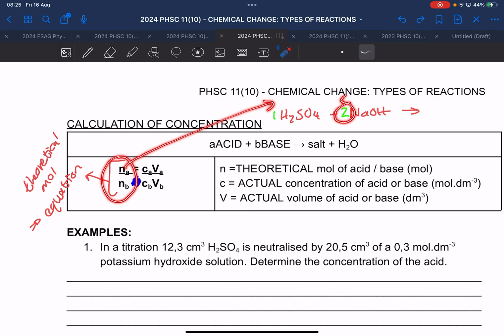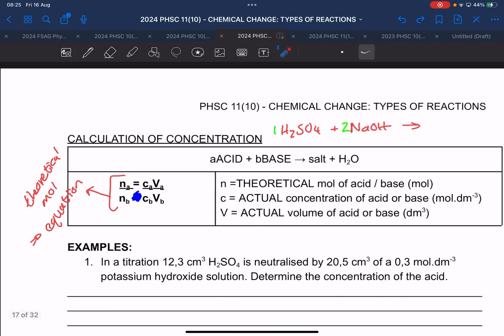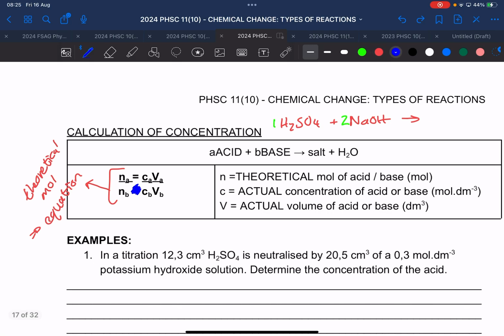Then this thing here on the right-hand side is concentration times volume. Now, we have two formulas that calculate concentration. Concentration is mole over volume, or concentration is mass over molar mass times volume. You remember that? So if I rearrange that, then I get mole is concentration times volume.